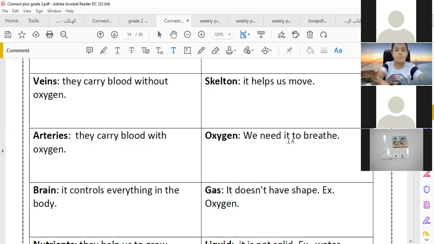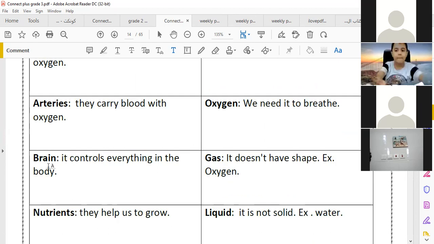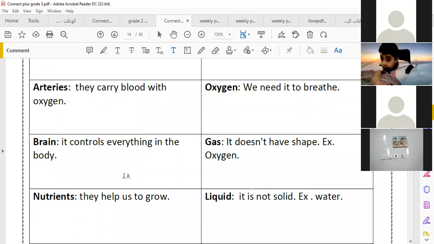We need oxygen to breathe. Brain. It controls everything in the body.